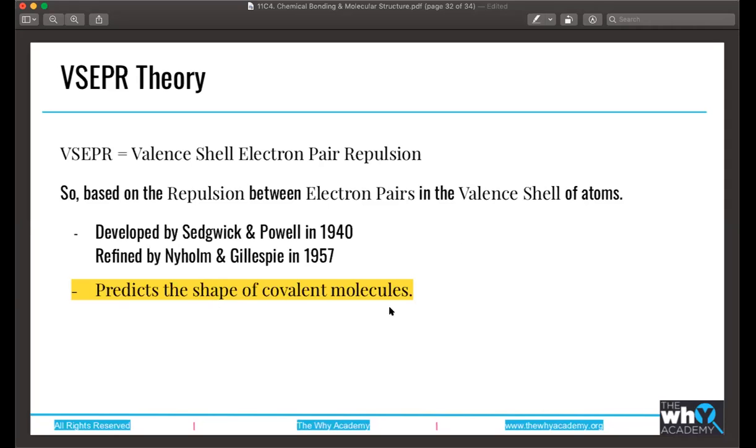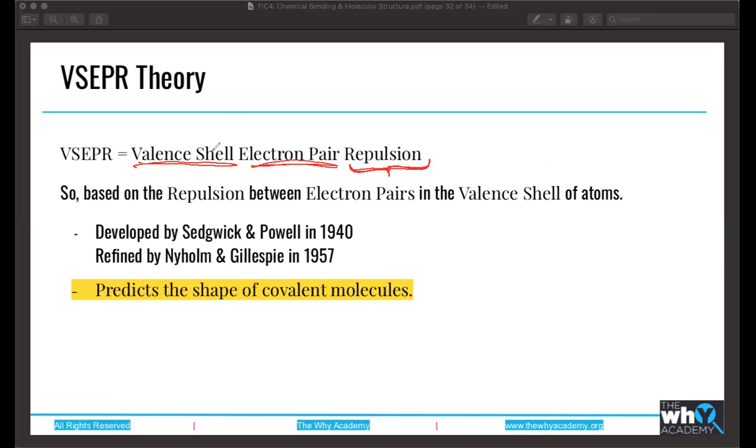And how do you predict? You check what all electron pairs are there in the valence shell. Based on this, it will give you an idea of what sort of repulsions you will find. This will help you figure out the best possible positions towards which the bonds will be aligned. This is what the whole theory is about.